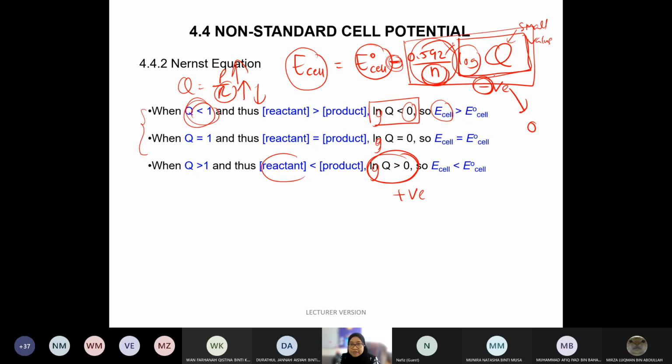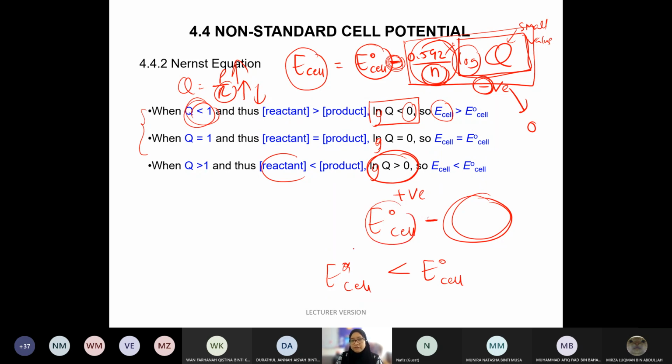So you akan positif dengan negatif, you akan dapat negative value. So it's like E naught cell minus something. Okay, minus something. So definitely you punya value of E cell, bila you kena tolak something, will be less than E naught cell.